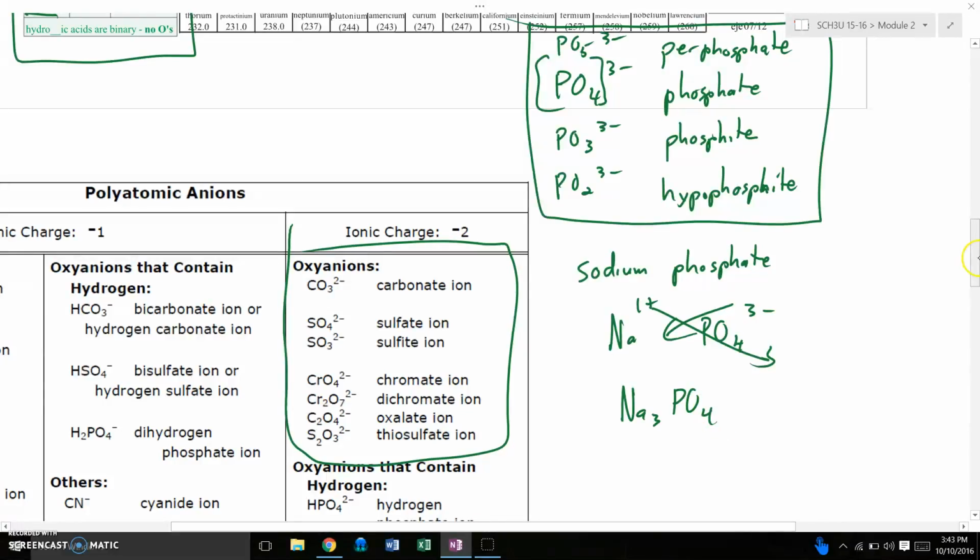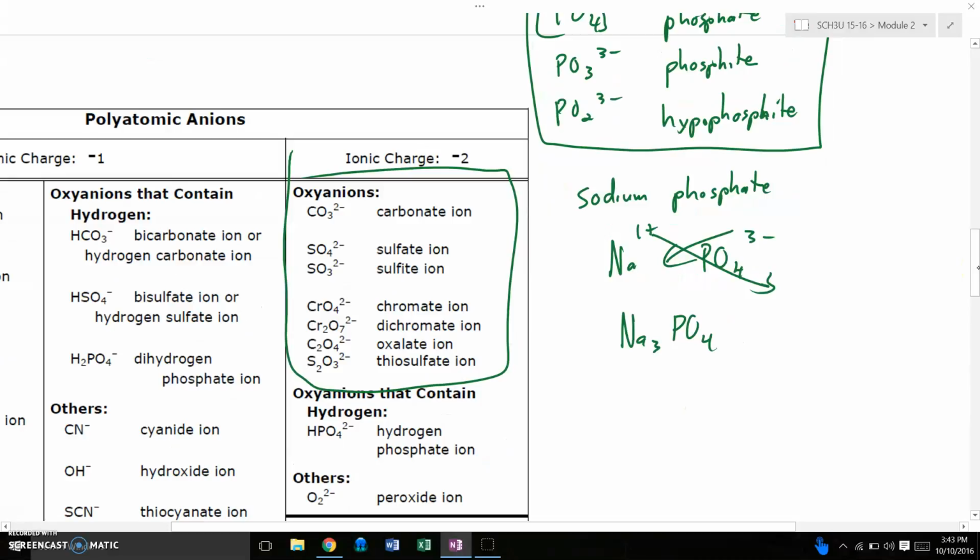Okay. Similarly, working in the opposite direction, if I had, as an example, Mg3(PO2)2, notice I put brackets around the entire anion using that cross rule.